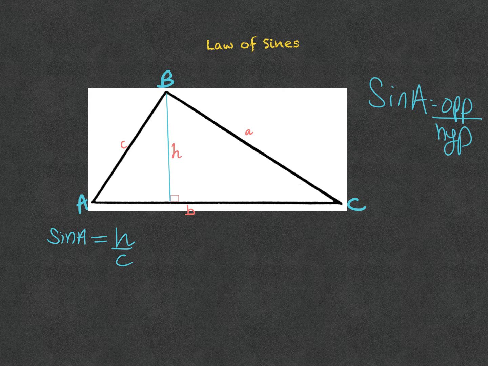My opposite side, which is h, and then the hypotenuse of the right triangle I just created, which is c. Then we also have, let's use our angle C, but we could have done it with angle B, but in this case, I created my two right triangles using angle C and angle A. This works also if you're doing it from angle B, but you would have to do the altitude from a different vertex.